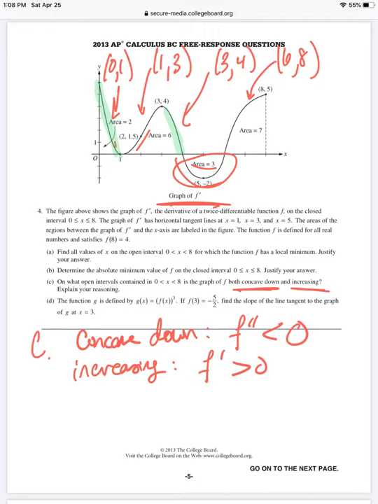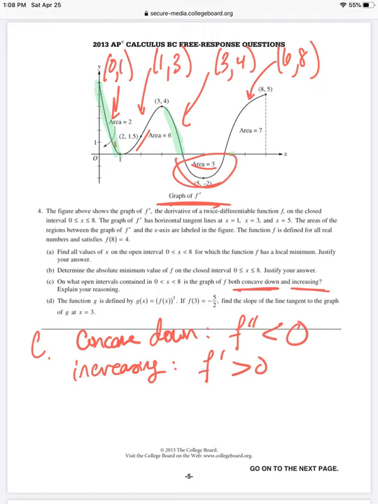I'm not looking at 4 to 6. That whole thing was negative anyway, didn't care. 6 to 8, my graph is increasing. It's going up, so that means my slope is positive. That means my graph would be concave up. So what intervals are we looking at here?